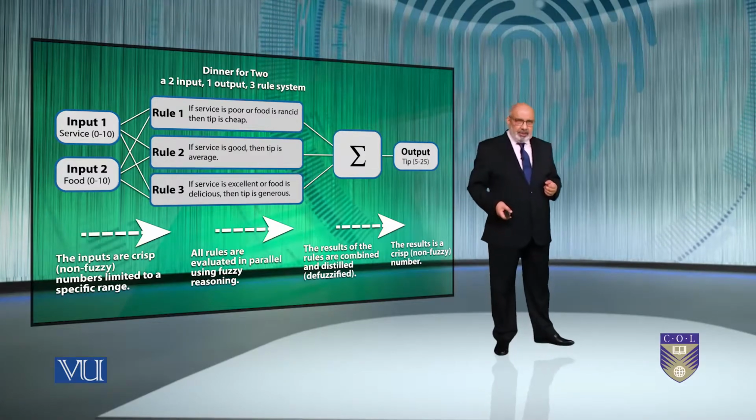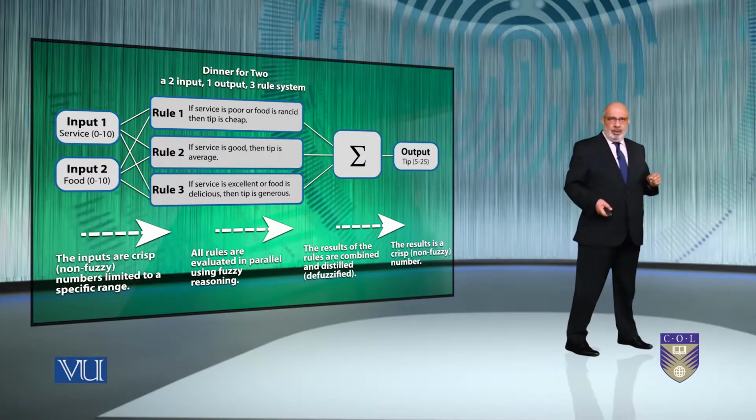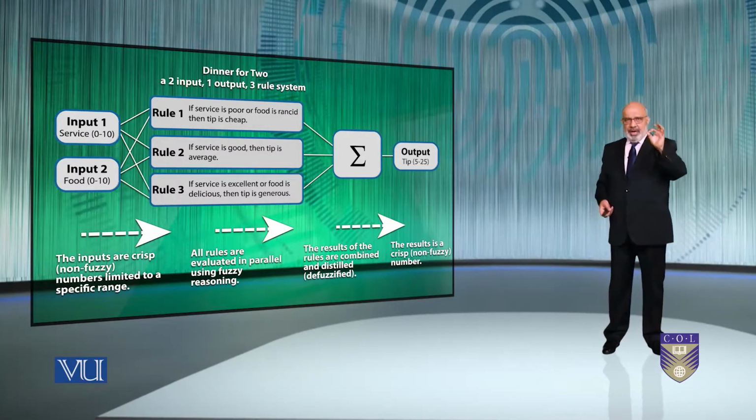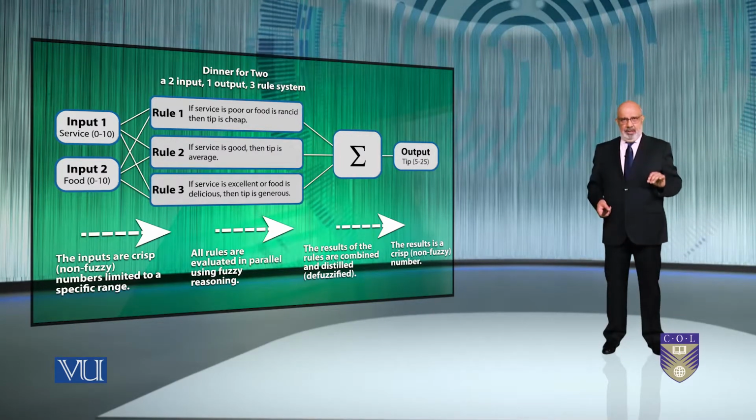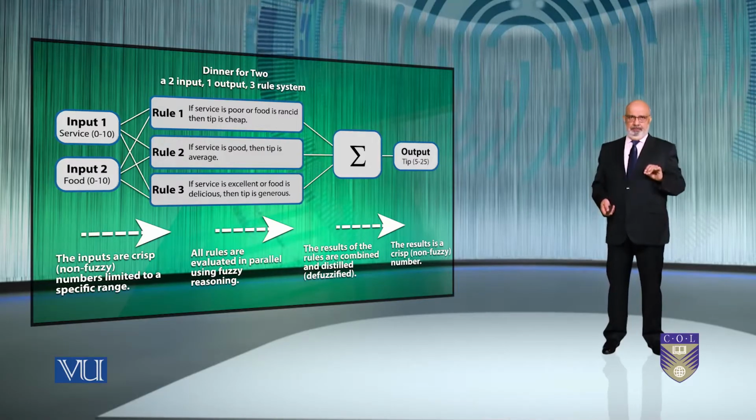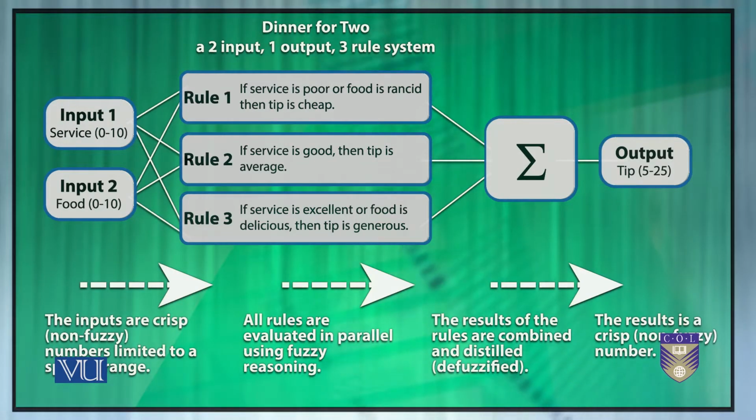So what is the first step? The first step is fuzzification. You take the crisp inputs and determine the degree to which they belong to each of the appropriate fuzzy sets via membership functions. In this case, the numerical value of the crisp input can range between 0 and 10, for the service quality. You can say 0 means poor, and 10 could be excellent.